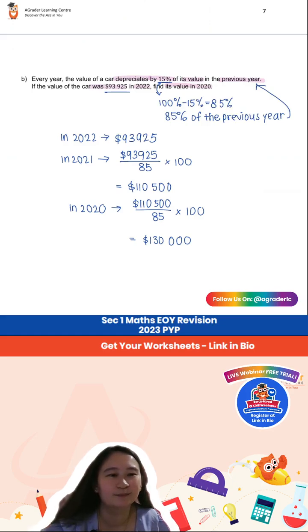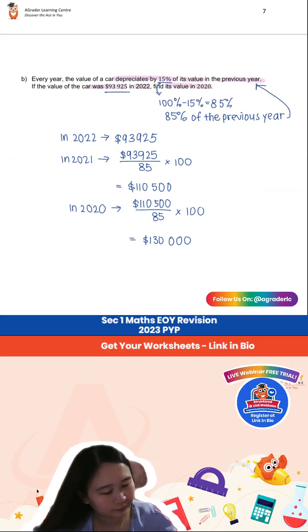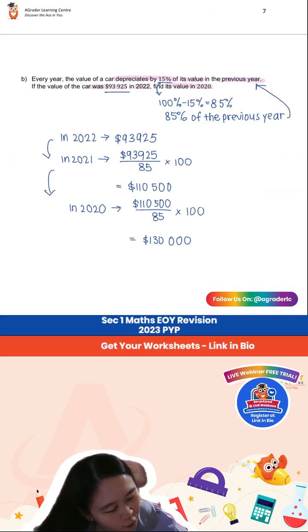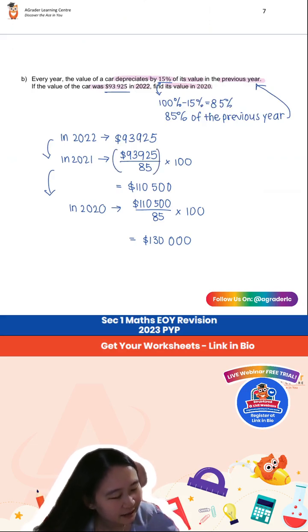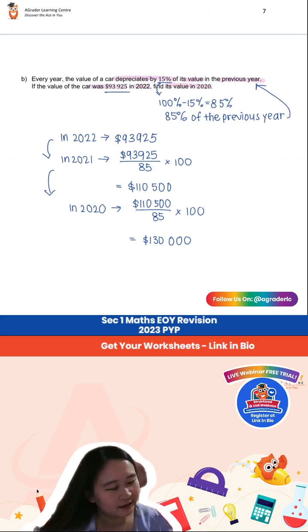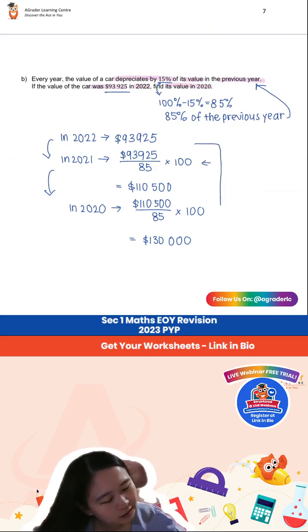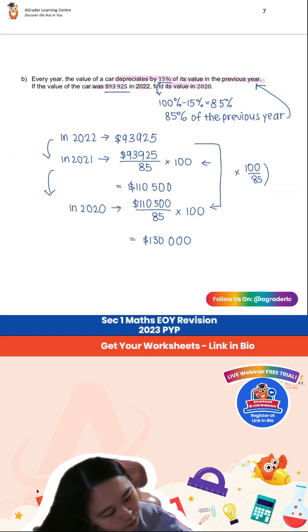You can see that every year, you multiply by 100 and divide by 85. So if you were to skip a year and go back two years, you just need to take the value times 100 over 85, squared.